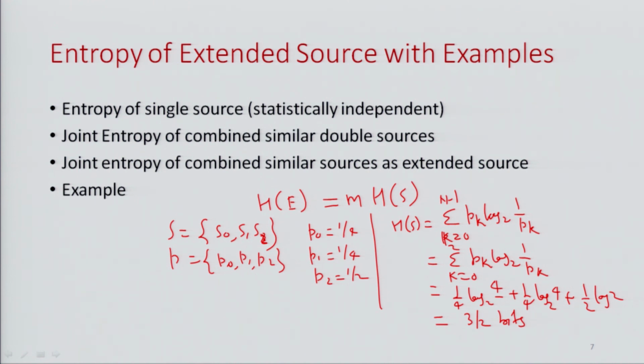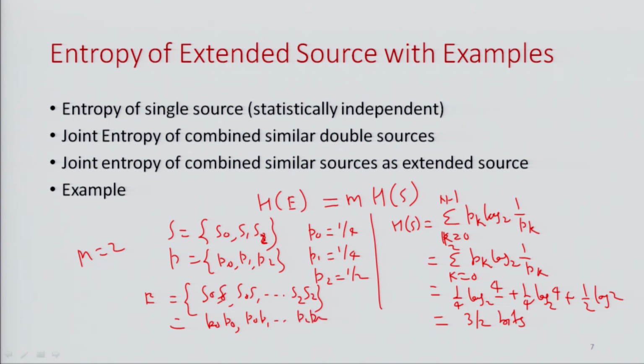Similarly, we can find the entropy of its extended source with, suppose, order m equals 2: S0 S0, S0 S1, up to S2 S2, with probabilities P0 P0, P0 P1, up to P2 P2.